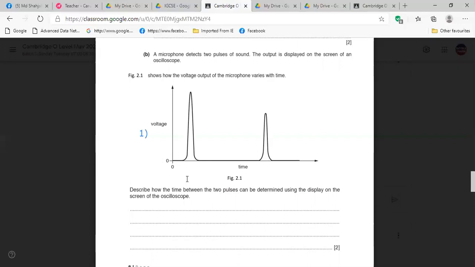Describe how the time between the two pulses can be determined using the display on the screen of the oscilloscope. Okay, so this one you got right. How to calculate the time or time period.